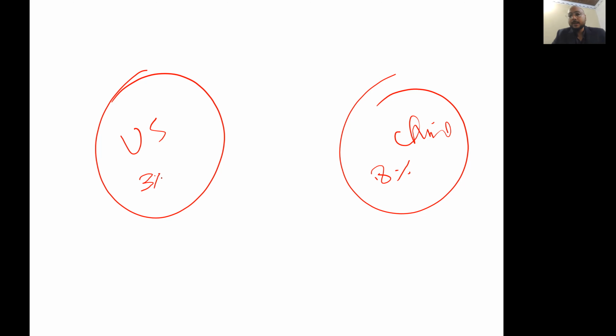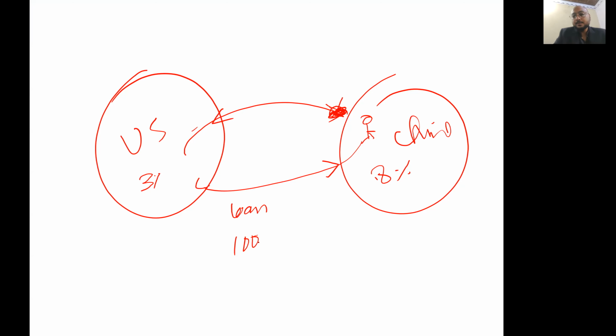So the US will have the lower interest rate. So what are they going to do? The Chinese, if you are in China, what are you going to do? You take a loan, for example $10,000.